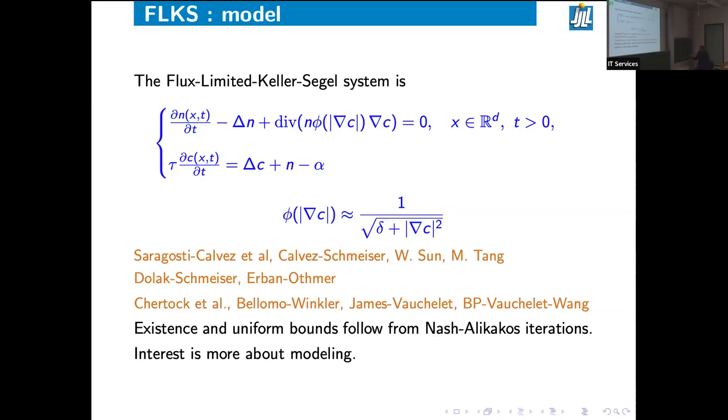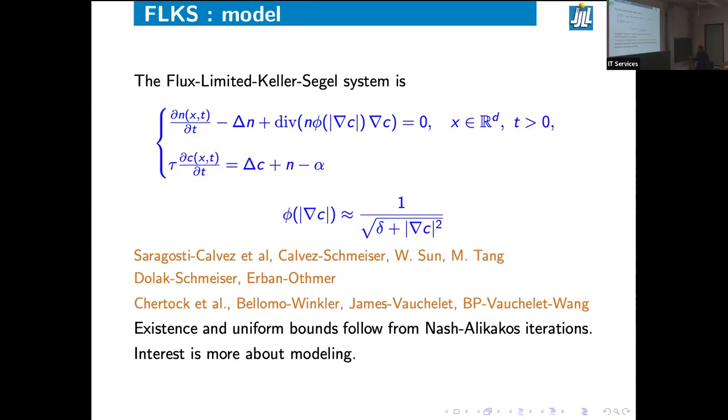And the reason why it's called flux limited is that there is a saturation by the gradient of c of this drift, which means that you have a nonlinearity in this right-hand side, which you find in many equations. It's not only there that you find this kind of thing, it comes from geometry, it comes from image processing, many places.